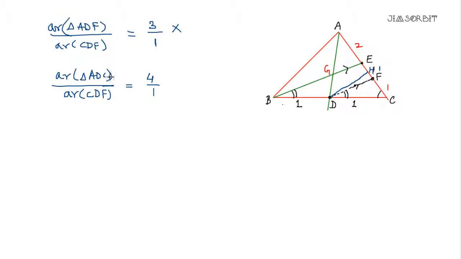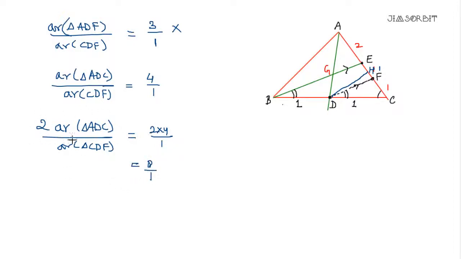And we know that the ADC area is the same as the ABD area. So I can double it, correct? I can say 2 times area ADC upon area CDF. So I have to double here also. So 2 into 4 by 1, same thing I'm multiplying, so it is 8 by 1.